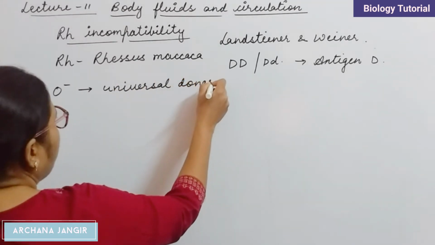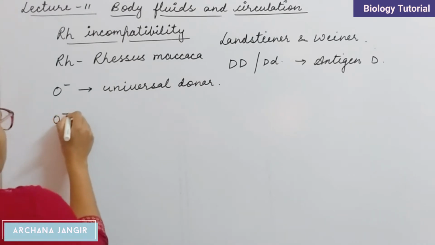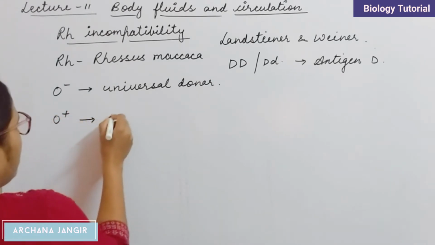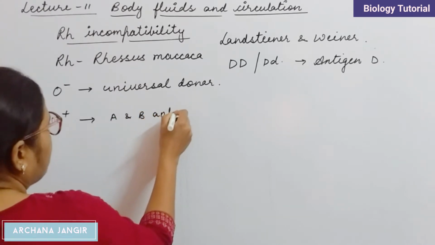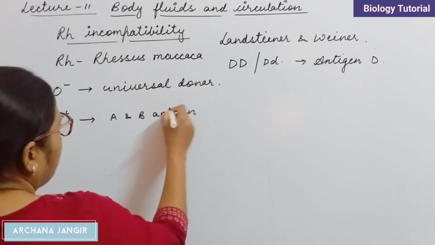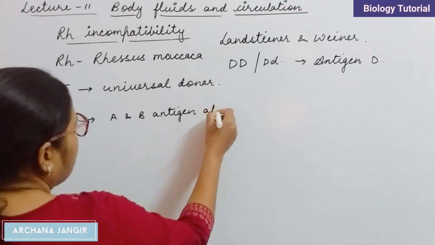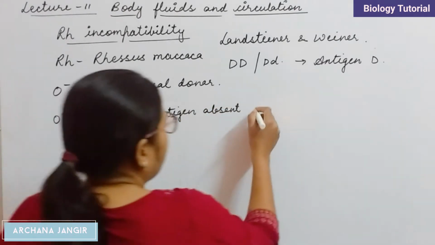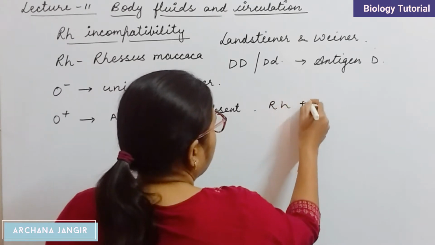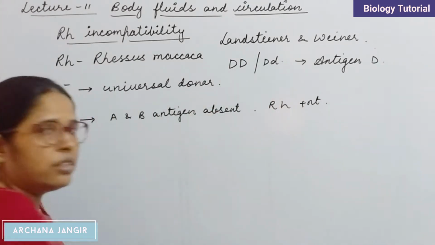Because we know that in O positive blood group, A and B antigen are absent. Clear? So A and B antigen are absent, but it is positive, that's why RH antigen is present. Clear?